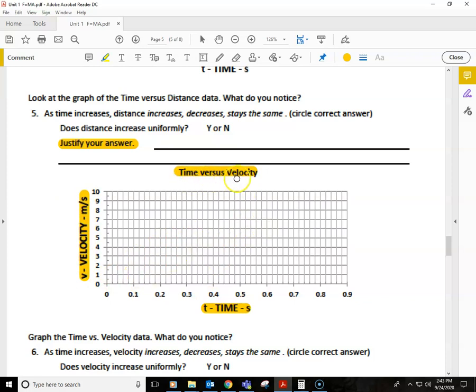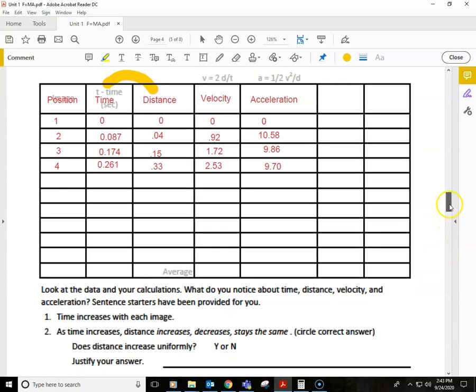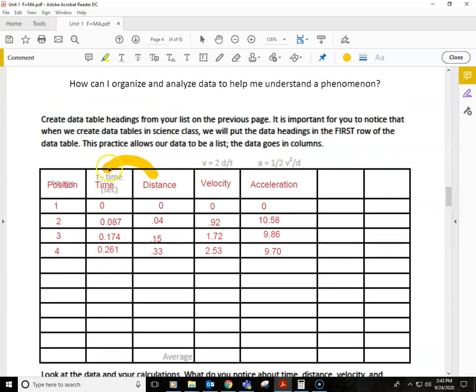They've told you what data to graph now. Time versus velocity. So you're going to go back here. You're going to compare time to velocity for the second graph. And guess what you think you might do for the third graph? That's right, you're going to compare time to acceleration.